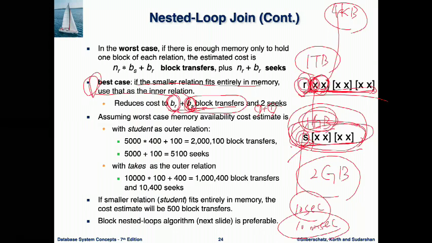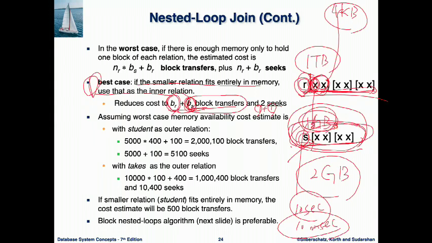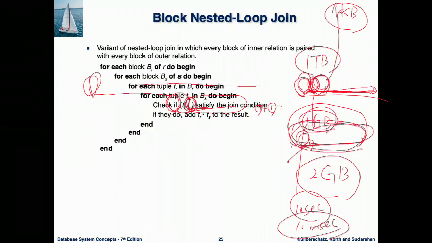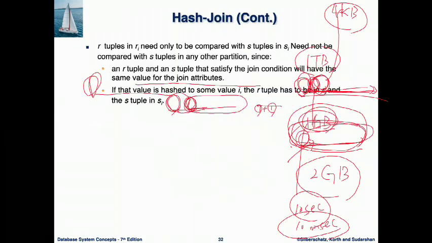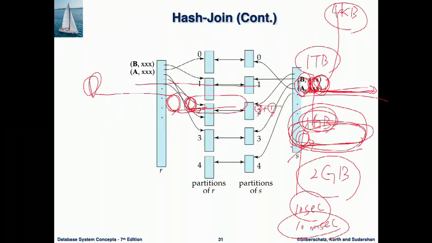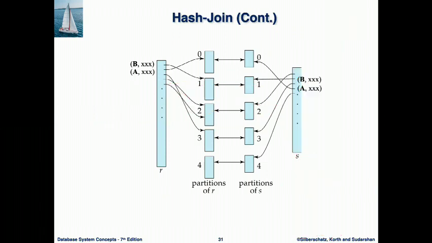So going back to hash join, the situation is, unfortunately, we are given two relations R and S, and they're too big. R is too big to fit into main memory.